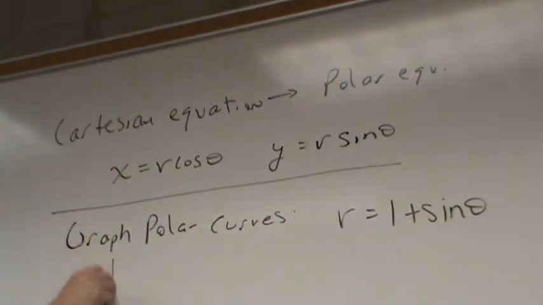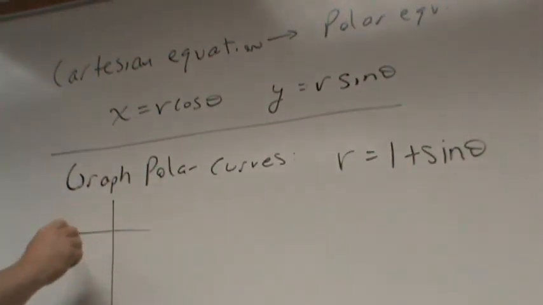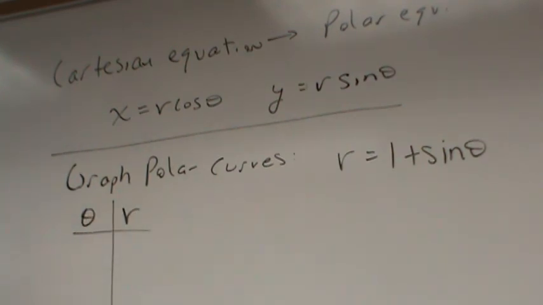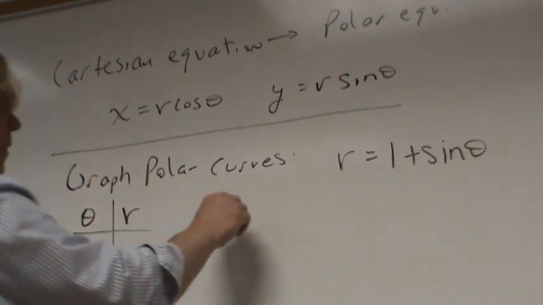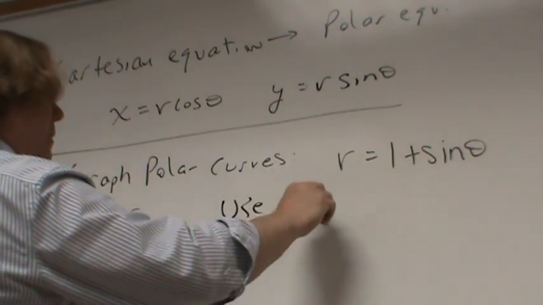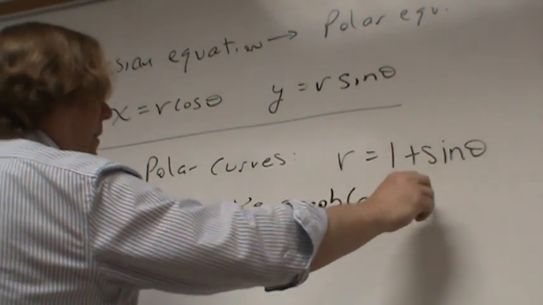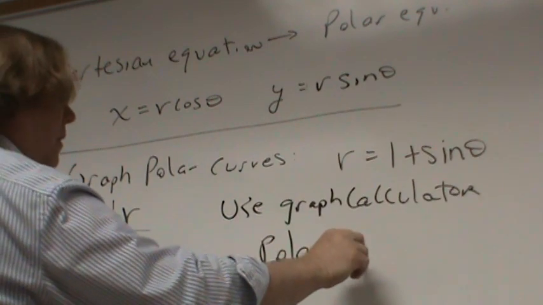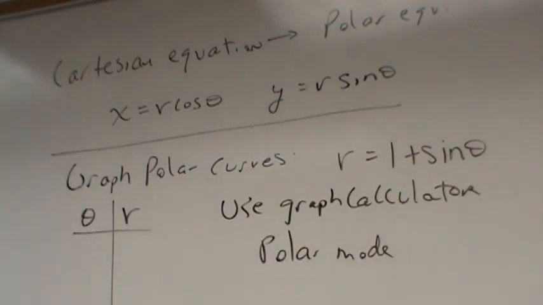I would make a table of values, here's my theta and here's my r, and then just graph them like we did in the early part of the period, or use your graphing calculator if you want, and just make sure you're in polar mode. And then you've got to decide between degrees or radians and do all that other stuff. But right now, for tonight's homework, just making a table of values should be good enough. Good luck, you guys.